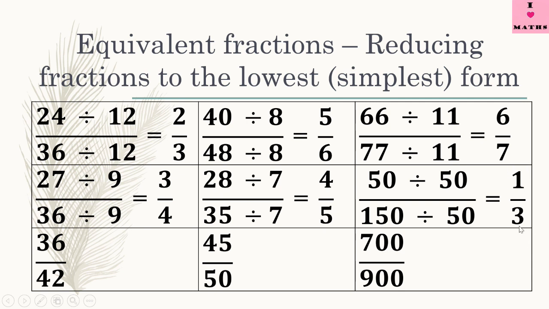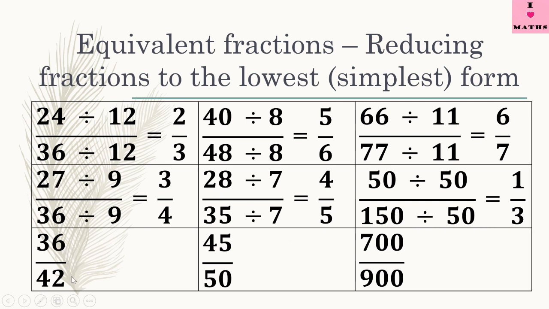Last slide I showed you there are more than one ways of reducing the fraction into the lowest form. So children, if 50 does not come to your mind, don't feel disheartened. Don't worry. Keep dividing the numerator and denominator by the same number, the number in whose table 50 and 150 both come. Okay.